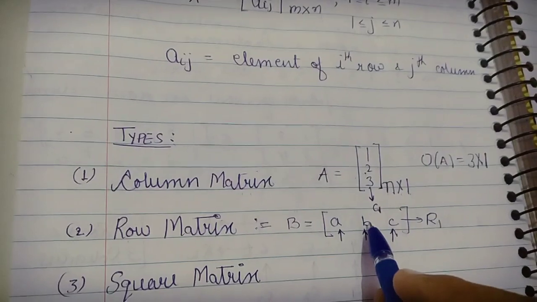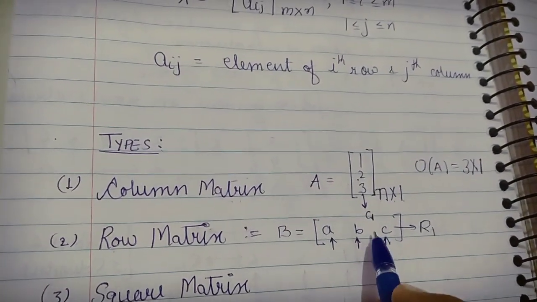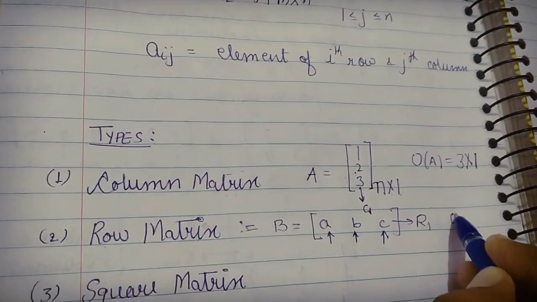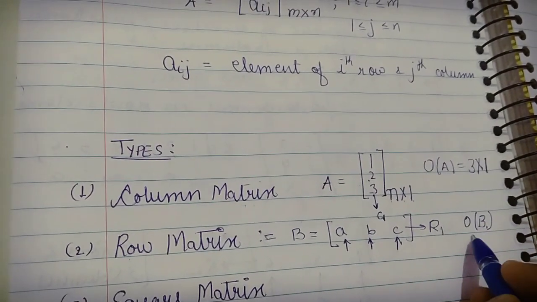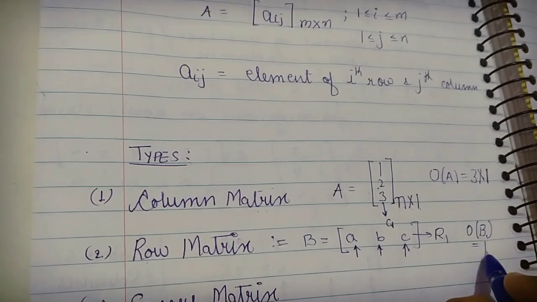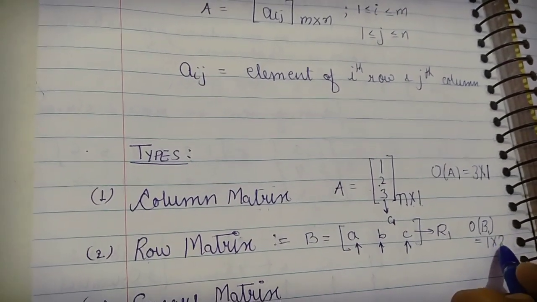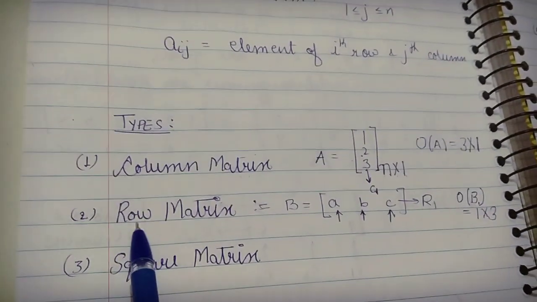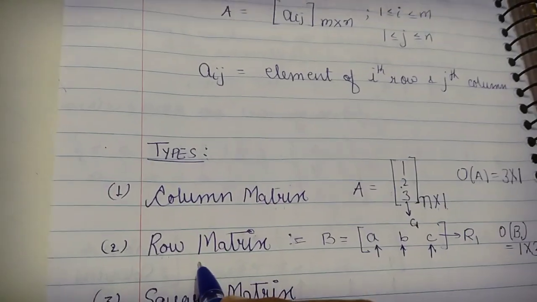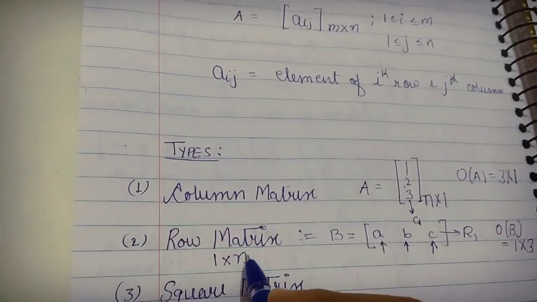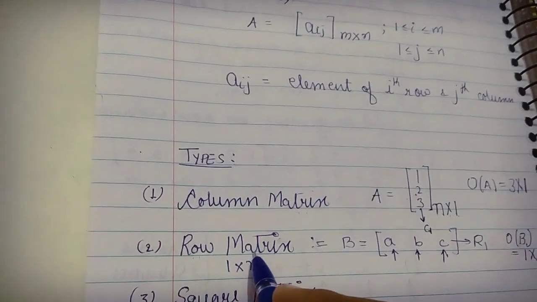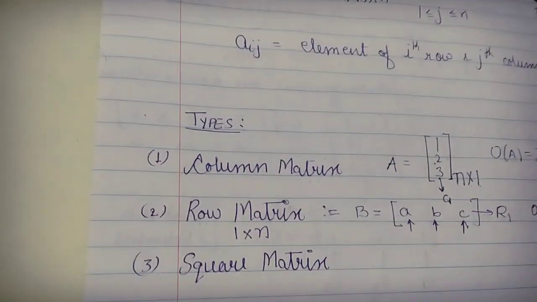So the order of this row matrix, that means order of matrix B is equals to 1 cross 3, or the general order of row matrix is 1 cross n, where n represents the number of columns.